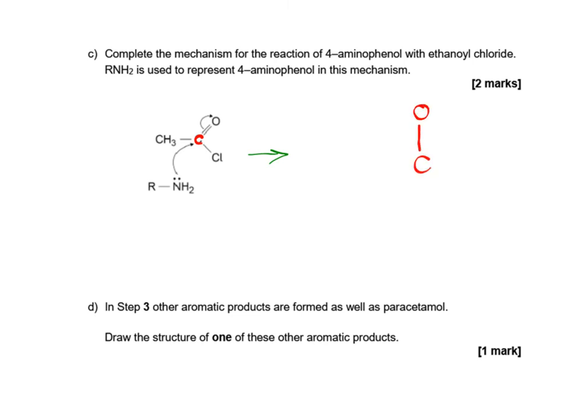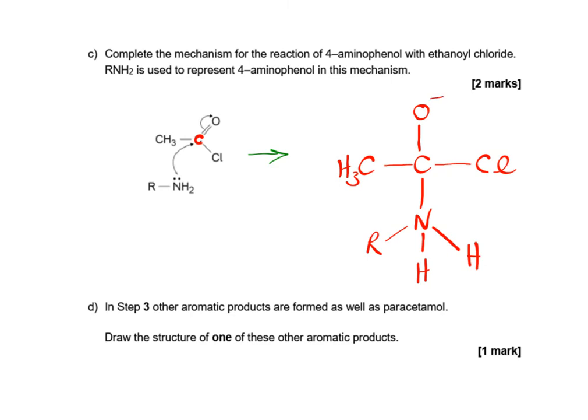The chlorine's not gone anywhere. The methyl's not gone anywhere. And then the nitrogen is, as well as being bonded to the R group, bonded to 2 hydrogens. No marks just yet. So the oxygen became negatively charged, the nitrogen became positively charged.